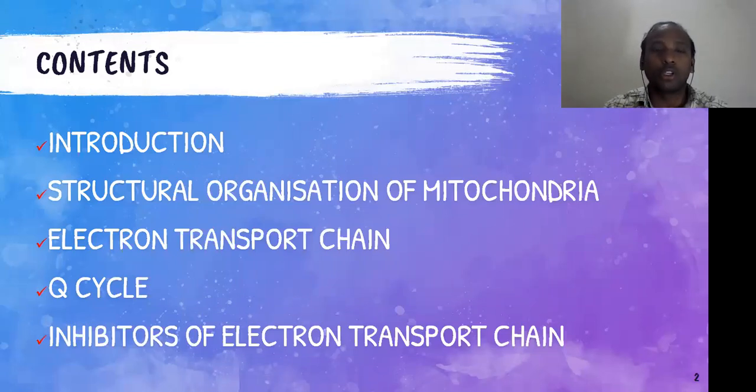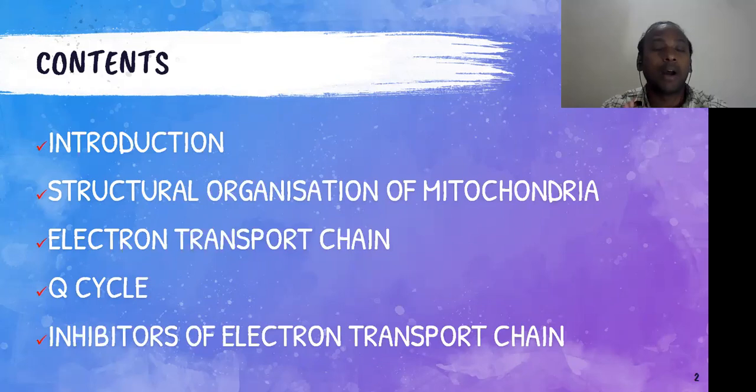After that, I'm going to speak about the components of the electron transport chain, their protein structures and their prosthetic groups. In between, we'll also discuss the Q cycle, an important cycle, which I'll try to explain in a better, easier way. Finally, I'll conclude this topic with the inhibitors of the electron transport chain.